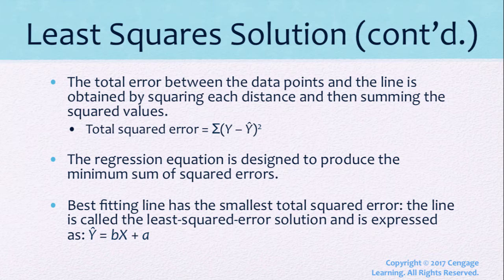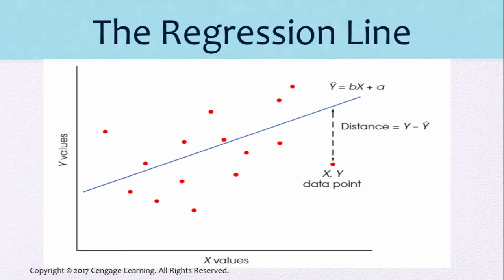Thus, the best fitting line has the smallest total squared error, hence why the line is called the least squared error solution and is expressed as y hat or y prime equals bx plus a. And this image depicts a more clear picture of the distance between the actual data point, y, and the predicted point on the line, y prime or y hat.